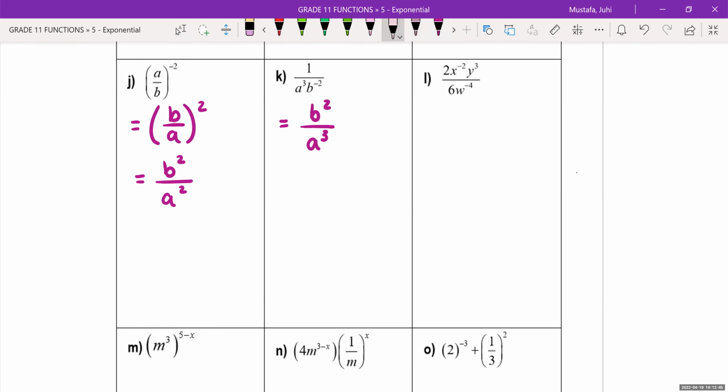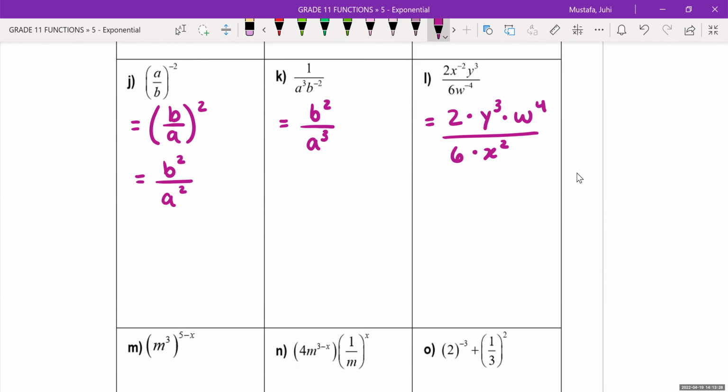This is what I'm going to do. I can see that I have a w to the power of negative 4 here. That's going to move to the numerator and become positive. And I can see I have x to the power of negative 2 here. That is going to move to the denominator and it's going to become positive. So when I move everything around, I'm going to end up with 2 times y to the power of 3, because that's not going anywhere, times w to the power of 4, because that's just been moved from the denominator to the numerator, all over 6 times, now my x to the power of negative 2 moves to the denominator, and it's going to become x squared.